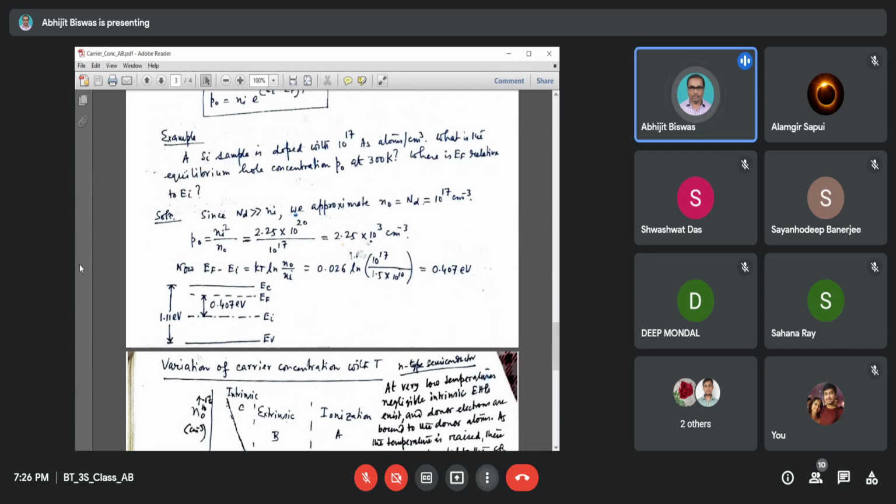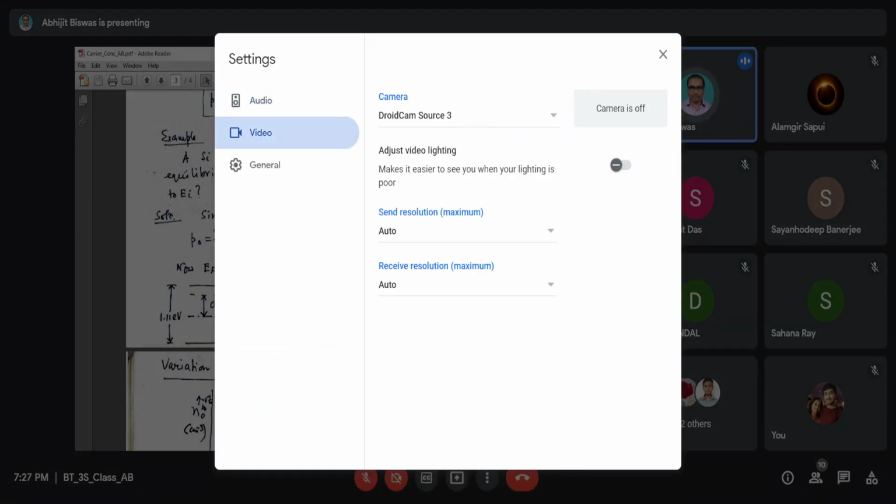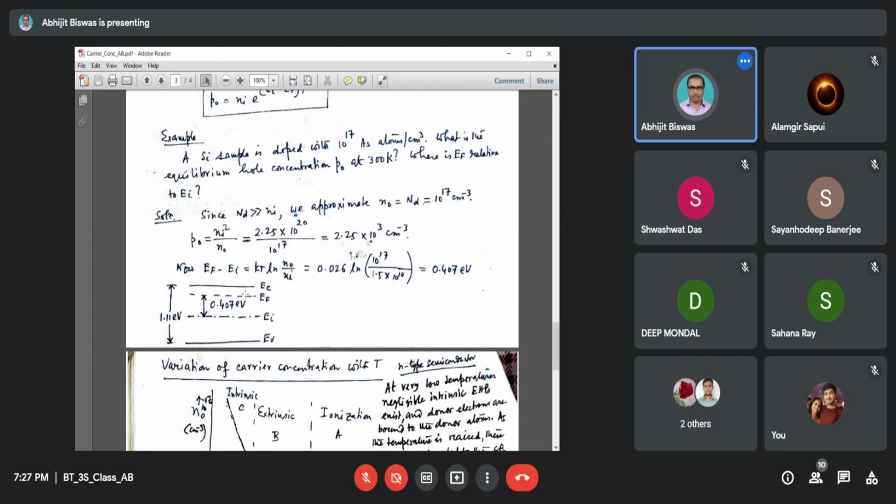And you know the formula, that is N0 into P0 is equal to Ni square. It always holds good provided that the semiconductor is in thermodynamic equilibrium. Therefore P0 is equal to 1.5 into 10 to the power 10 whole square, that is 2.25 into 10 to the power 20, divided by N0, that is 10 to the power 17. So P0 is equal to only 2.25 into 10 to the power 3 per cc.